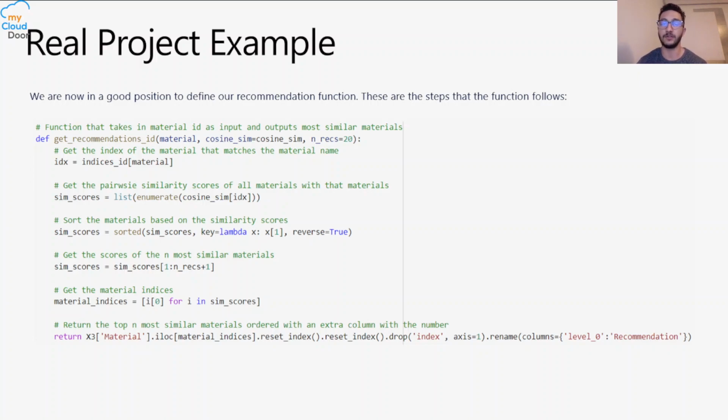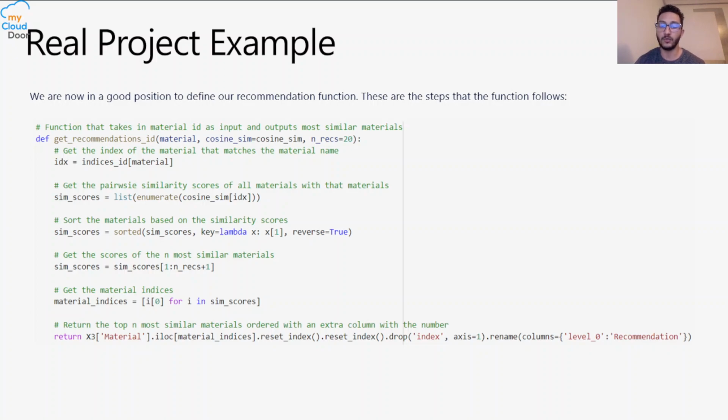So after we get the index of the book we want to find recommendations for, we call the other items with all their cosine similarity with that book, and we put it into a tuple. Okay, and then we sort that list of tuples based on similarity scores. So we sort from highest to lowest.